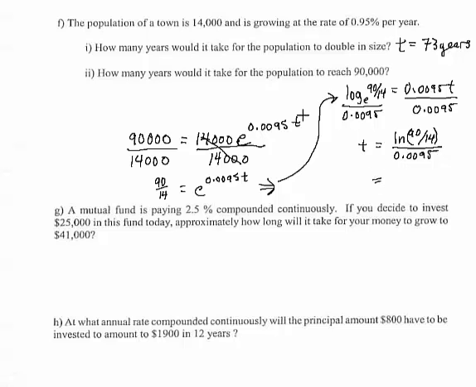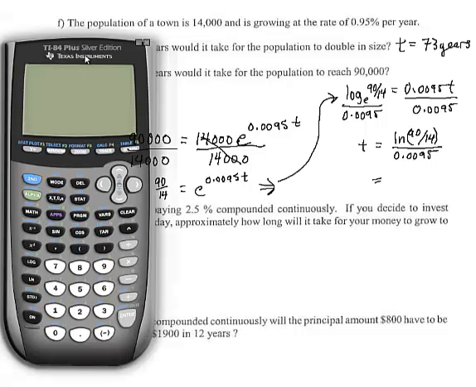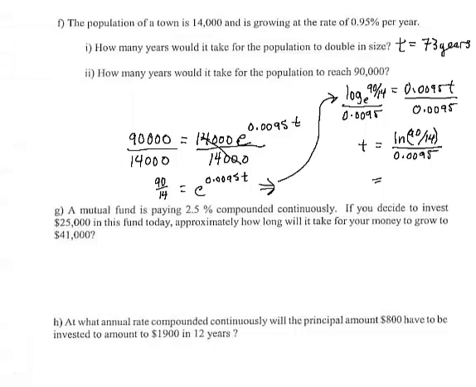What does that become approximately? How many years does that take? So we hit the ln key, type in 90 divided by 14, and then we divide that by 0.0095, enter, and we get about 196 years.